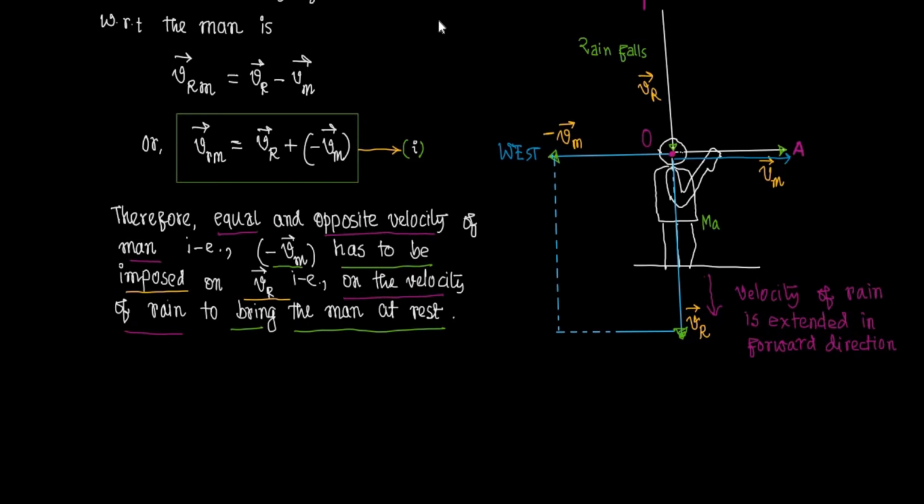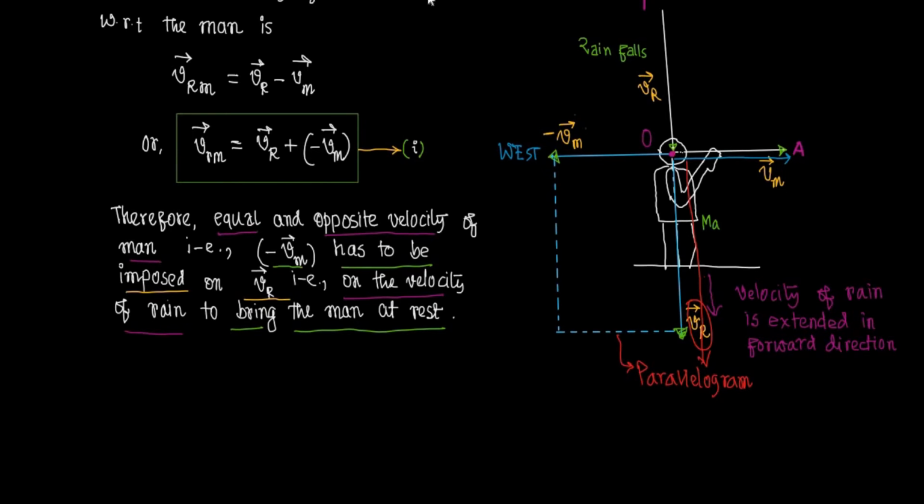Now we can draw a rectangle or parallelogram to find the apparent velocity or relative velocity of rain with respect to the man. This is the parallelogram, and minus vector Vm and vector Vr are represented in magnitude and direction by the two adjacent sides of this parallelogram.